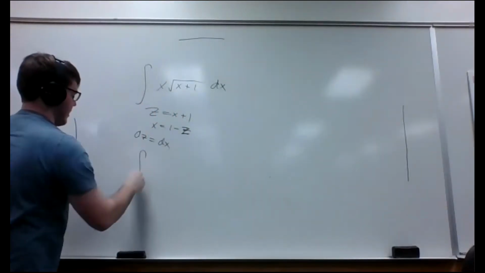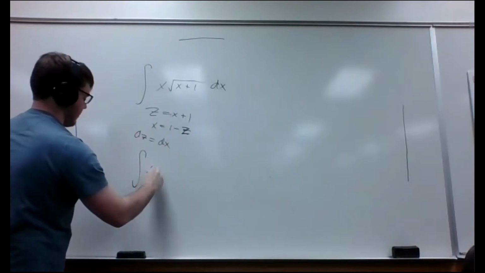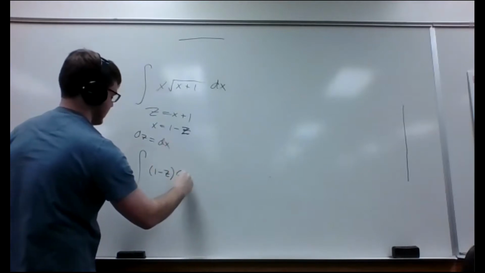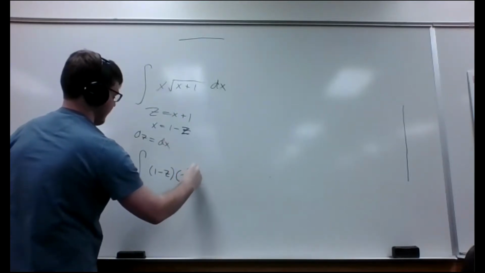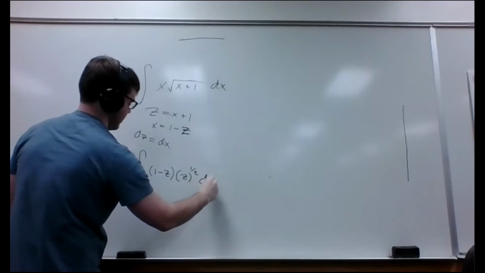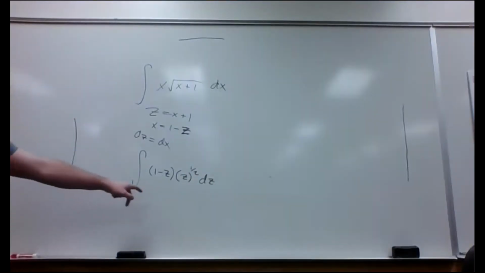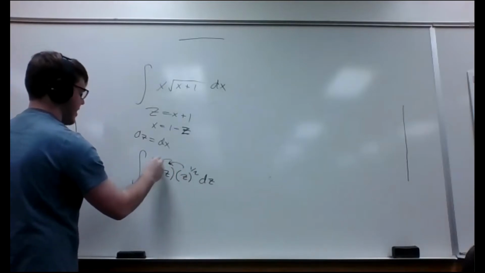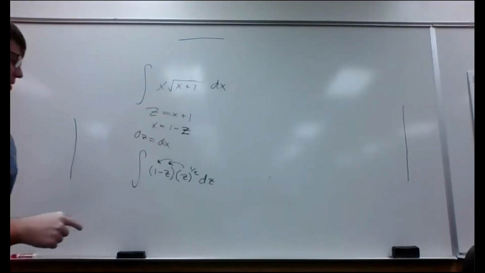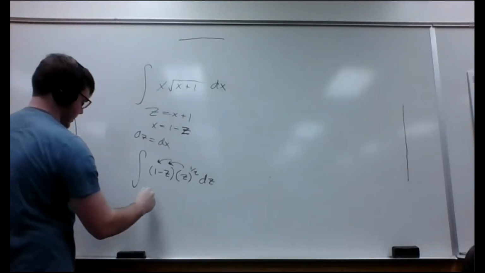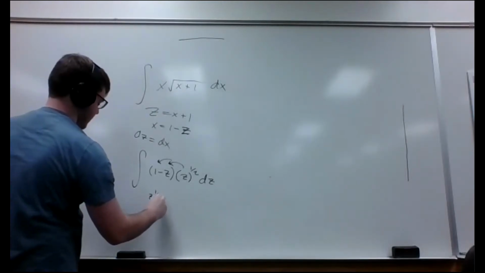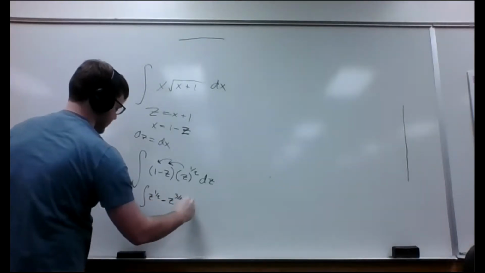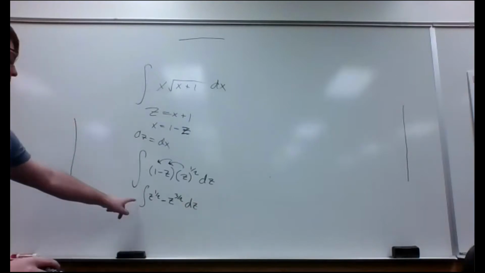So we can now rewrite our integral. We're going to say that it's going to be z minus 1 times z to the 1/2 power dz. And now we can multiply this z to the 1/2 in and solve our integral, whereas before we couldn't really solve it the way it was written, right? So we're going to have z to the 3/2 minus z to the 1/2. And that will be the integral that we have, right?